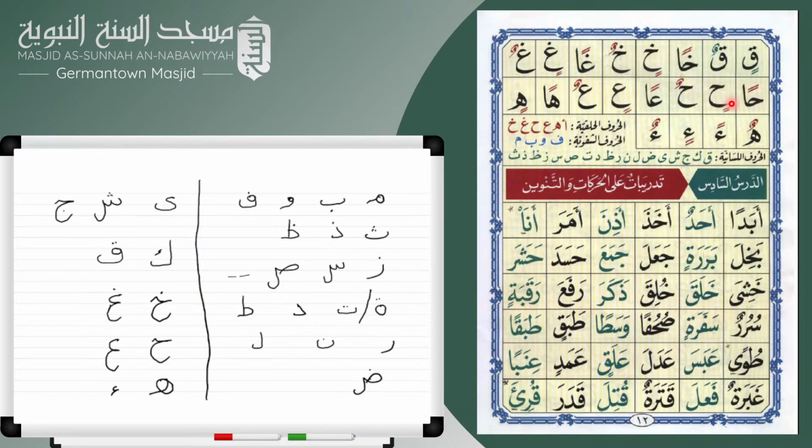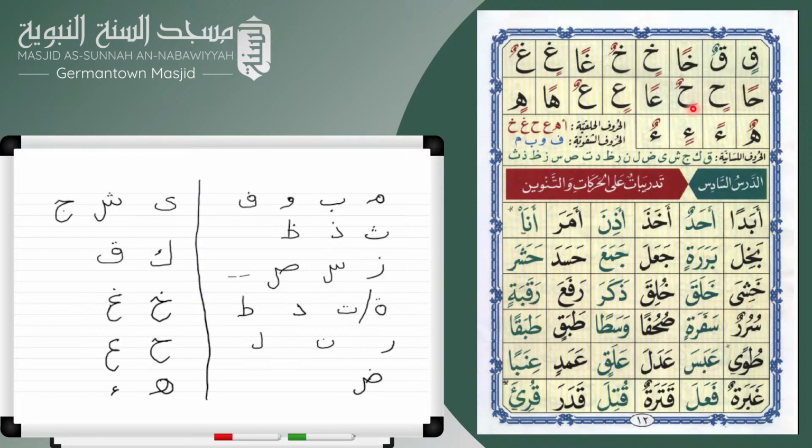You're saying hin, not hin. I want the middle of the throat. Get the middle of the throat. Say it again. That's closer. Hin. Han. Hin. Do the last one.